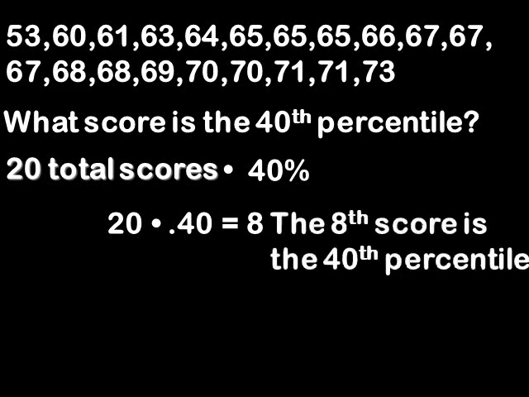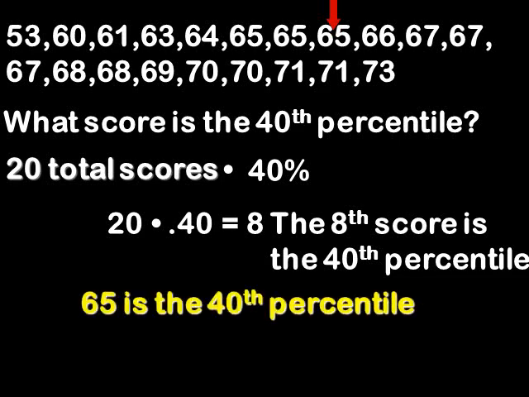So we are going to count from the bottom to the 8th score. So go ahead and do that. 1, 2, 3, 4, 5, 6, 7, 8. 65 will be the 40th percentile because that is the 8th score from the bottom.